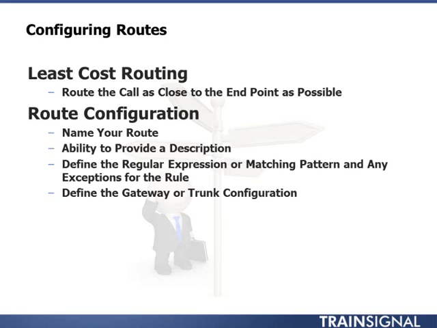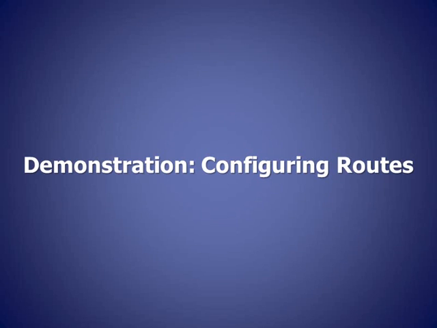So we'll also define the gateway or trunk configuration that will be used with our route. So routes are associated with PSTN usage records, and PSTN usage records are associated with our voice policies. I know this sounds very confusing, but let's take a look at a demonstration on configuring routes. It's not as bad as it sounds.